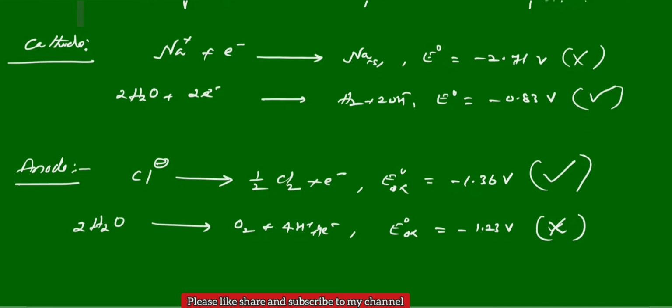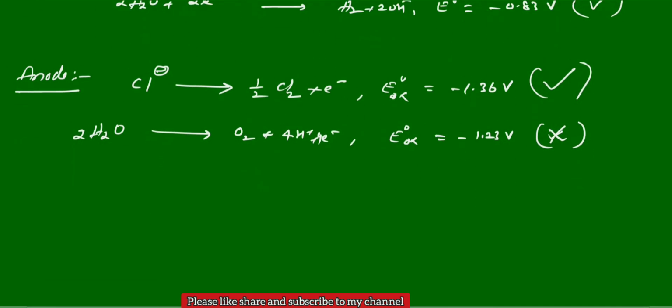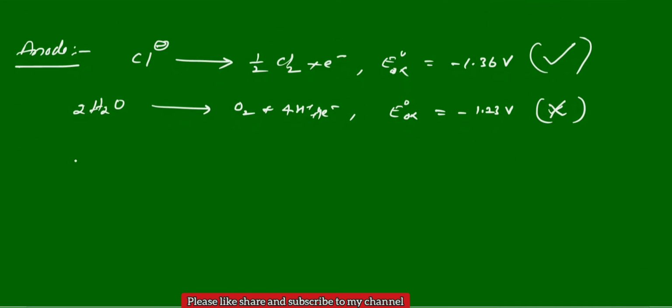That is actually due to the concept of over potential, or over voltage. What is the meaning of this over potential or over voltage? The liberation of oxygen from water is kinetically not favorable.